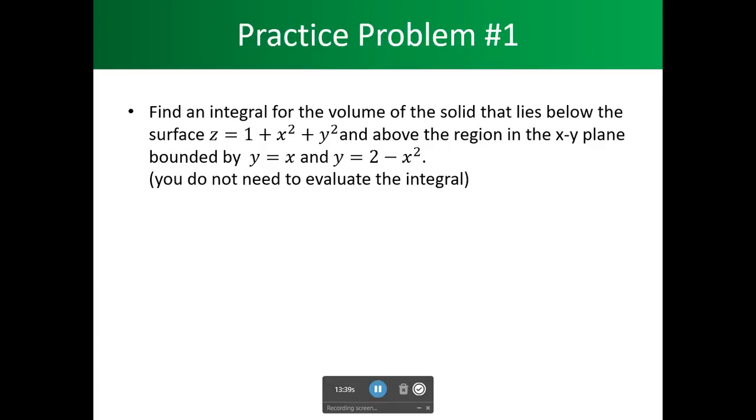So I would like for you to do some practice problems. You'll be given a number of practice problems to do.